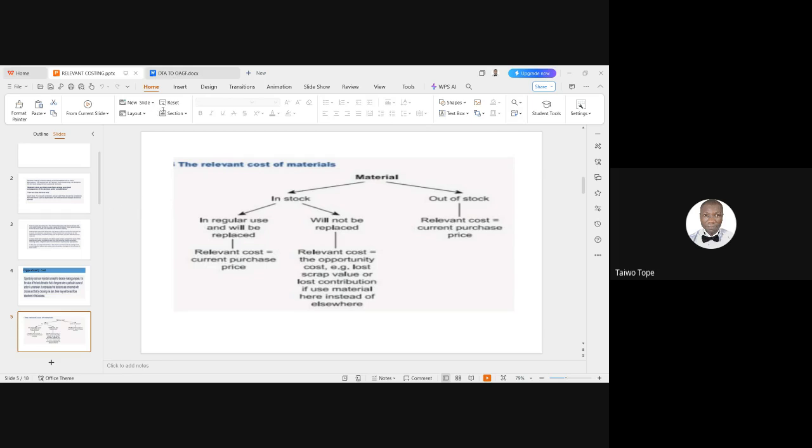If yes, what will be the relevant cost? If yes, the relevant cost will be the replacement cost.